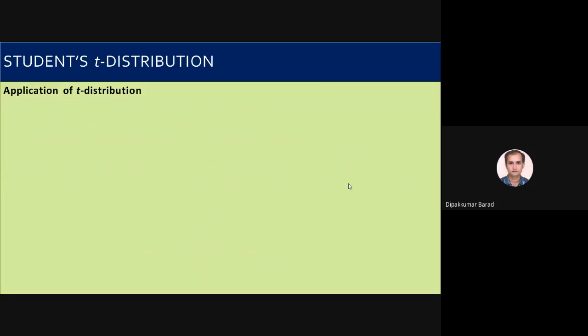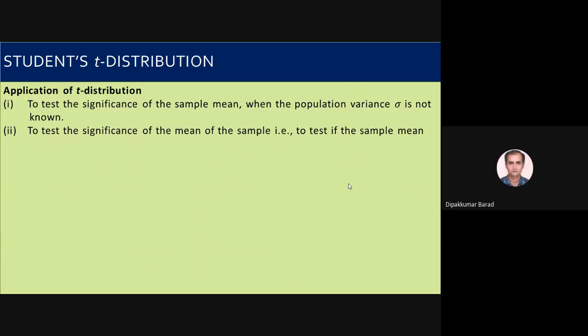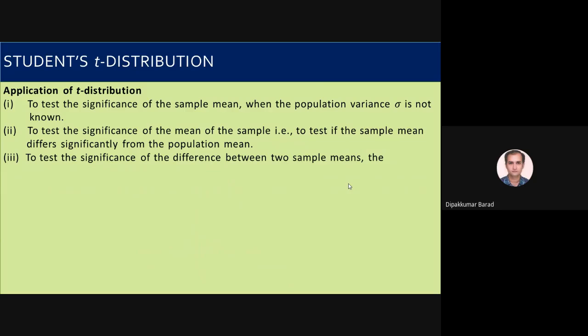Now the applications of the t distribution: to test the significance of a sample mean when the population variance sigma is not known. Second, to test the significance of the mean of a sample, that is, to test if the sample mean differs significantly from the population mean.